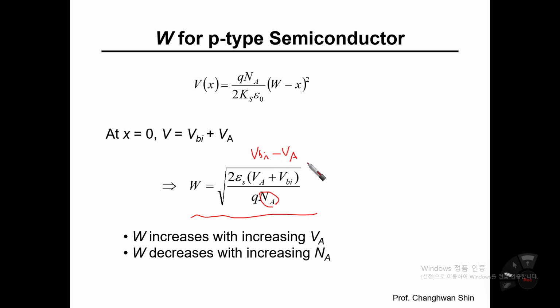But physically, the physics behind the MS diode with a p-type semiconductor is identical. Increasing VA, W increases; increasing N sub A, W decreases. With a heavily doped semiconductor, the depletion layer width becomes narrow, which is the same, and W increases with increasing V sub A.